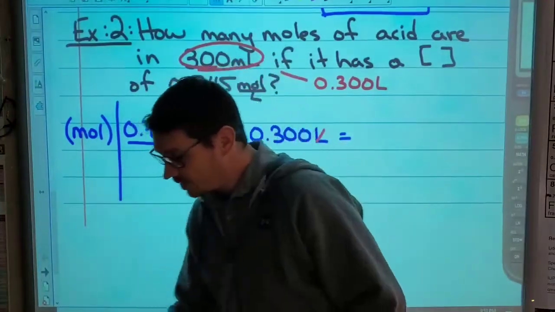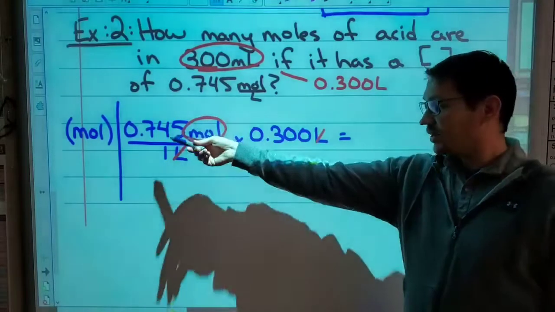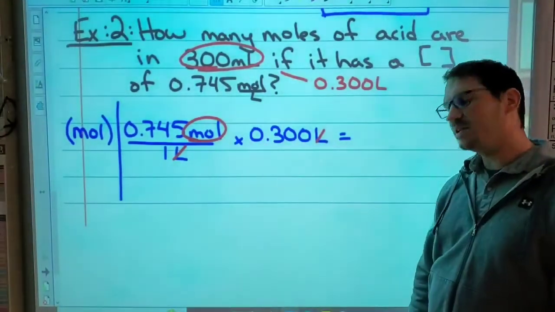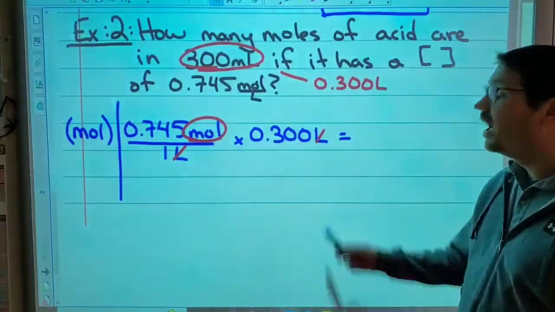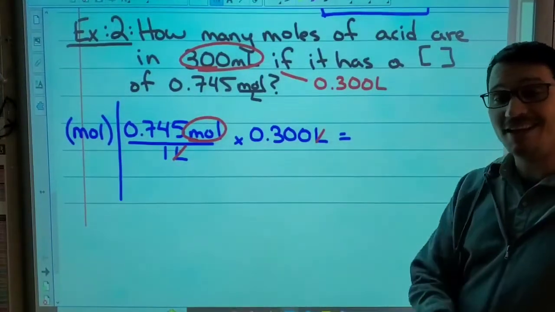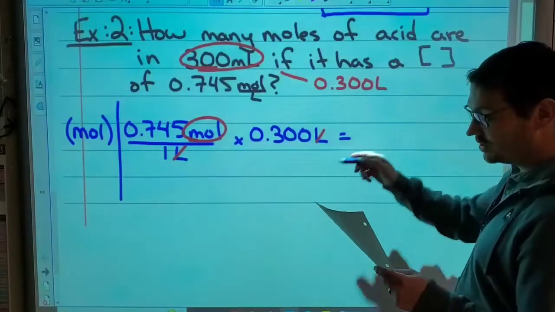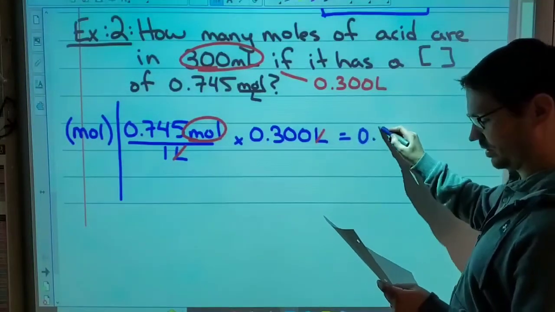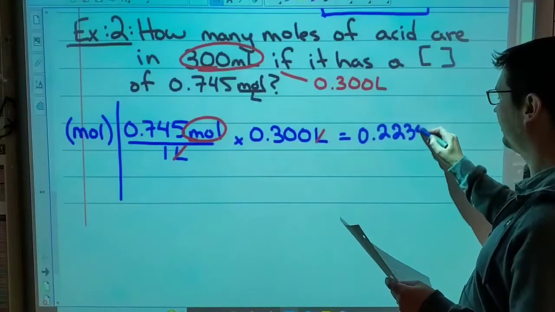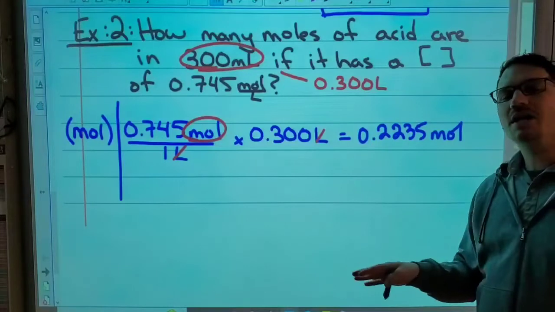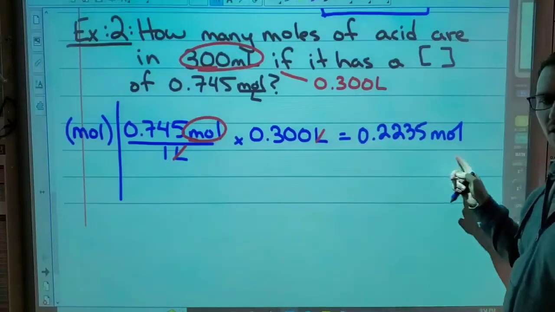So when we do this, put 0.745 times 0.3 into your calculator. You should be double checking these calculations with me. I've been known to make mistakes. You better be watching me. So when we do this, we're going to get 0.2235 moles. If we're not done the question, it's okay to take all of these digits.